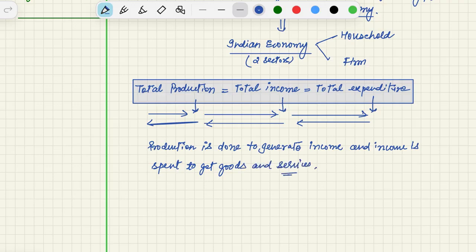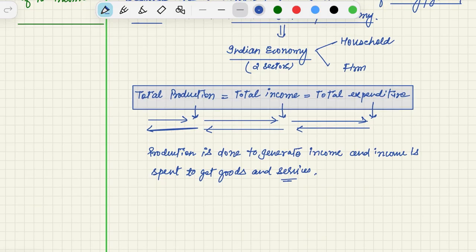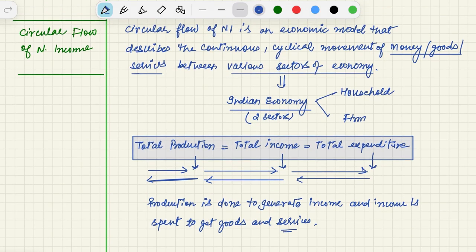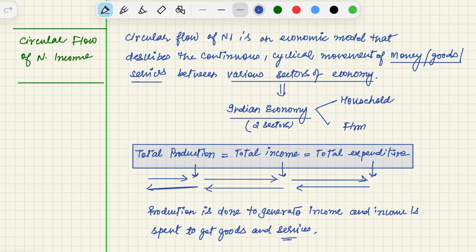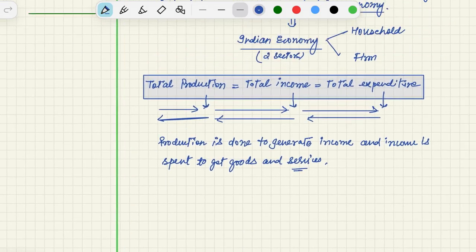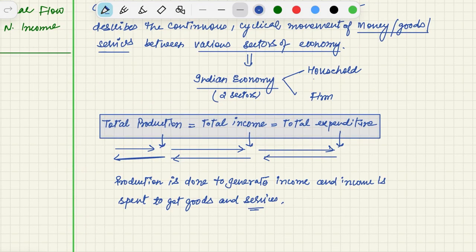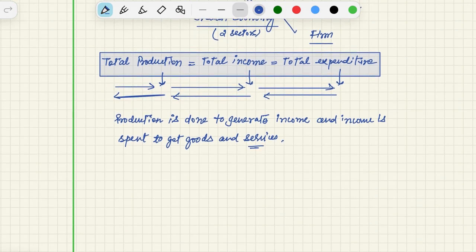So they are interrelated. Circular flow of income means there is cyclical movement of money or goods or services between various sectors of economy. I told you there are two sectors, household and firms. So it is generally considered in the circular flow of income that total production equals total income that equals total expenditure. Production is done to generate income, and income is spent to get the services and goods for life.